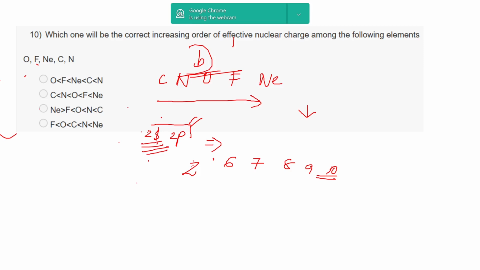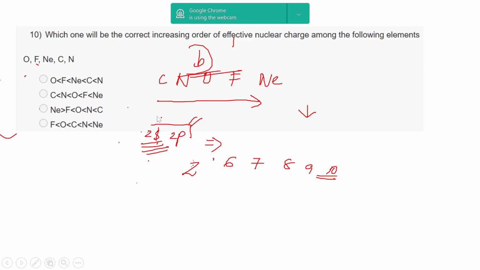So from carbon to neon, the size is decreasing because the nuclear charge is increasing. If you look at the effective nuclear charge, it is also increasing from carbon to neon, because no other shells are coming in. The screening is the same for all, just one or two electrons are coming in, and that screening is comparatively less.